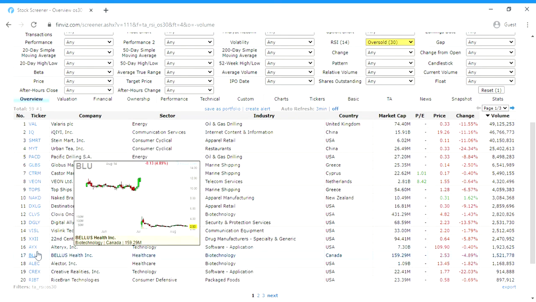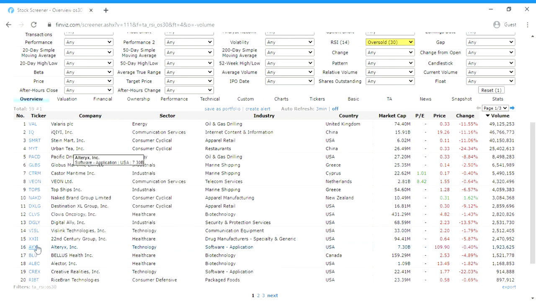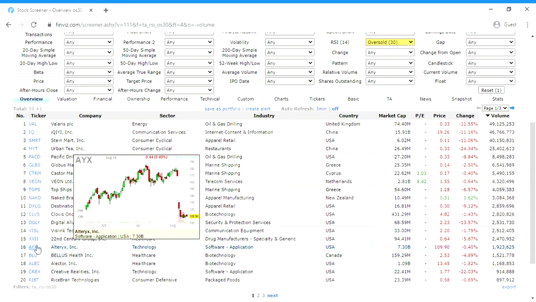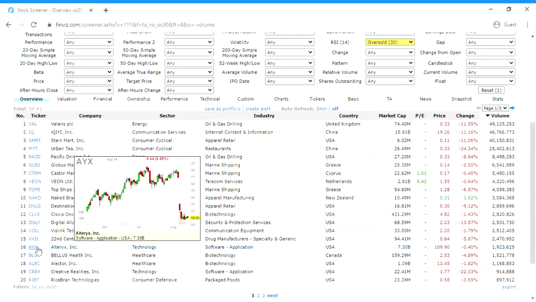So this one had a big gap down, but you see the price action doesn't really move a lot, even when it was above $10 a share. So I don't really like that one either. Huge gap down. I don't really like that. It may be terrible earnings reports.